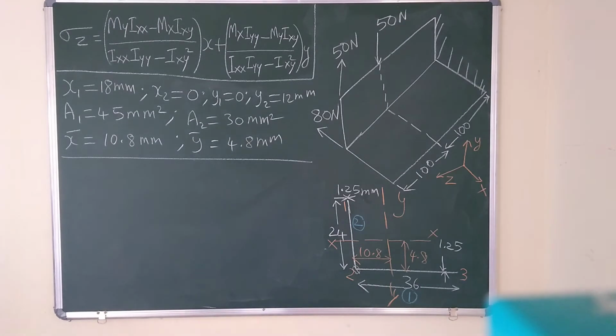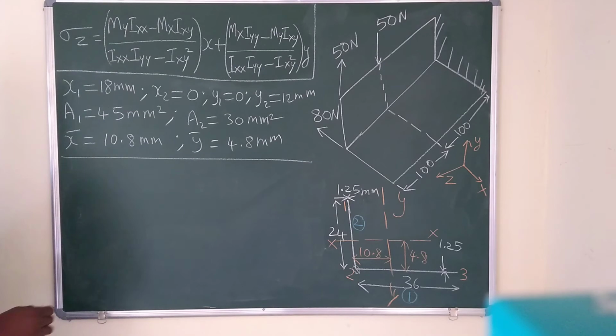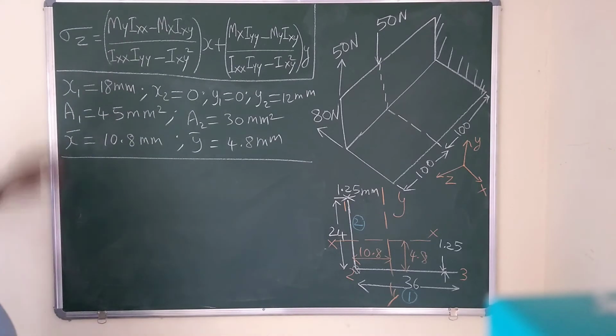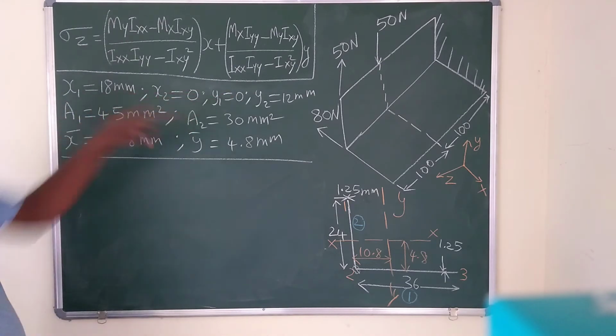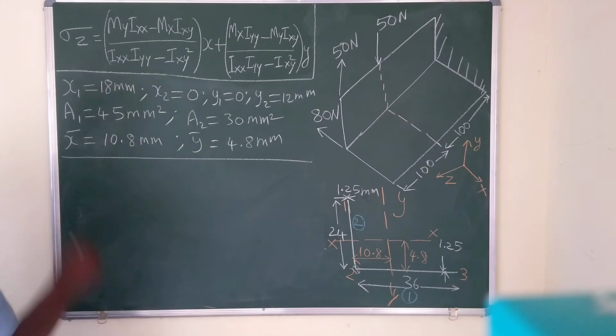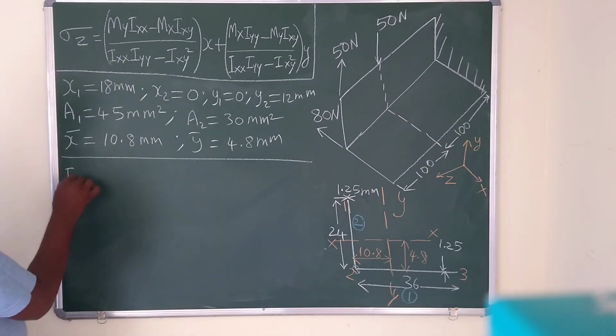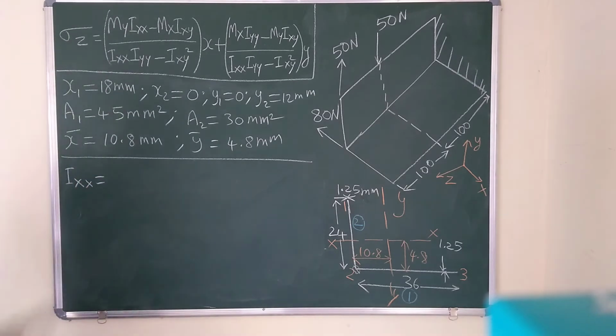Now let us find Ixx, the centroidal moment of inertia about the x-axis. I have written all the values x1, x2, y1, y2, A1, A2, x bar, y bar, so that it will be easy for us to calculate Ixx. Ixx is equal to bd cube by 12 plus area into vertical distance square.